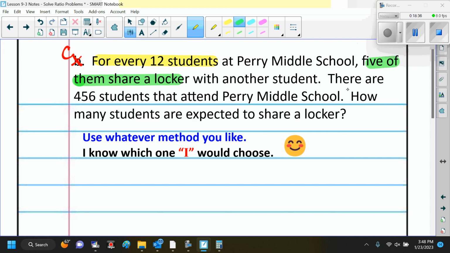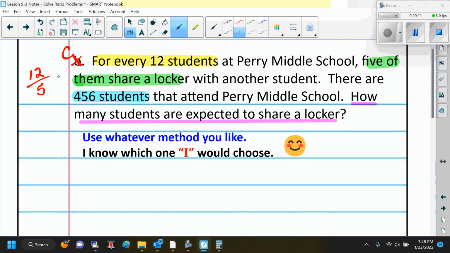It says there are 456 total students at the middle school, and we want to know how many students are expected to share a locker. So the first ratio there is for every 12 students at Perry Middle School, 5 share a locker. So we can write that ratio, and it's okay that it's an improper fraction. We can write 12 to 5.